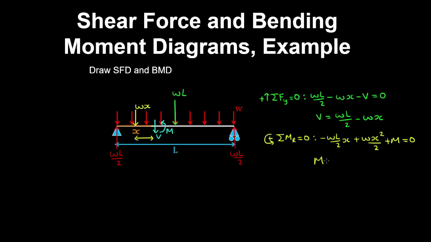Therefore the equation for the bending moment is WL/2 by x minus Wx squared on 2.